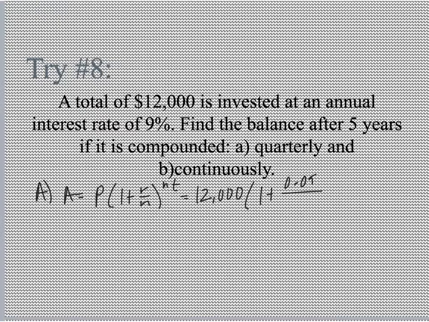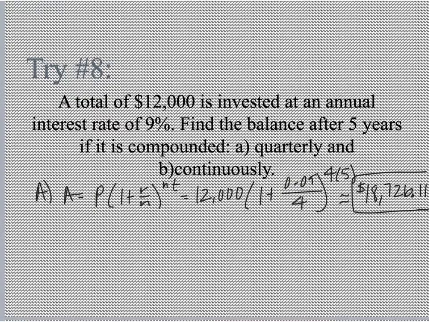Quarterly means 4 times a year, so it's going to be over 4 raised to the 4 times 5. 4 again for the N, 5 for the amount of years. If I throw that into my calculator all at once, it's going to be about $18,726.11.